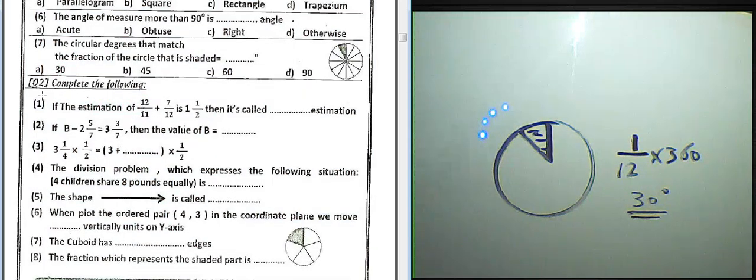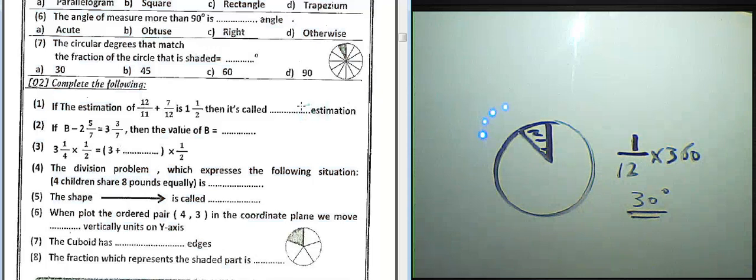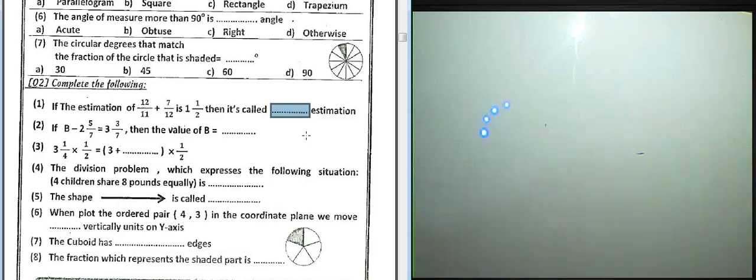Question number 2, number 1: complete the following. The estimation of 12 over 11 plus 7 over 12 is 1.5. Then it's called what estimation? He asked about overestimation or underestimation. First, you can find the result of 12 over 11 and 7 over 12 by using the least common multiple to find the actual number.